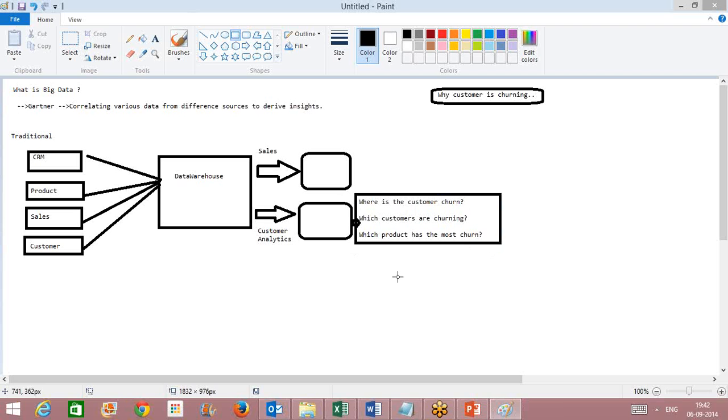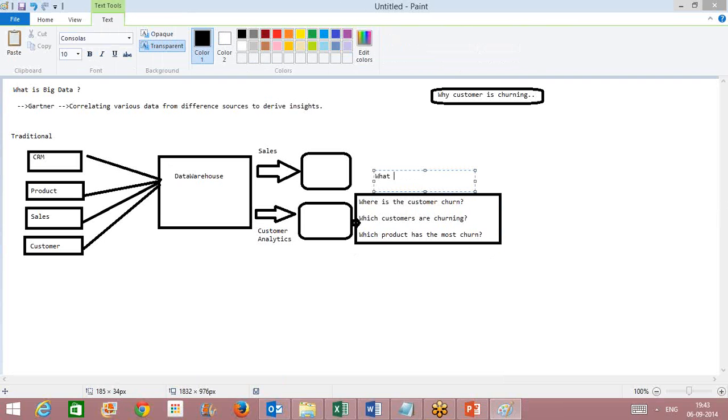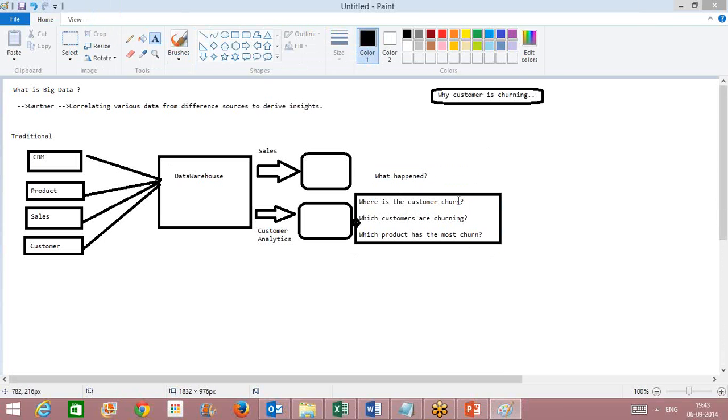They give you the what part of the data, what happened. So this actually answers what happened: where is the customer churn, which customer is there, which product is there, how is the sales increasing. Those are certain things which you can answer. But why customer churn, it's a little difficult to answer here.